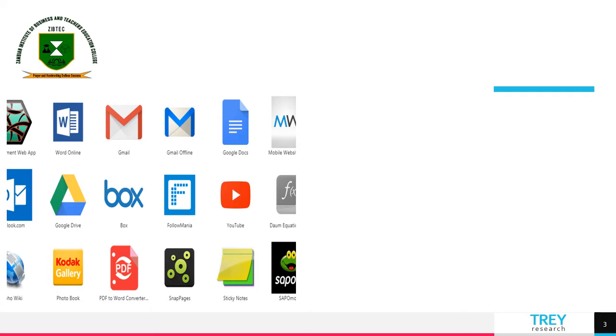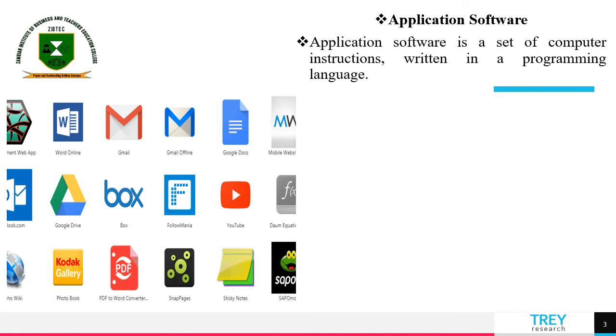Remember also that we did the introductory part to application software. Today we'll look into the details of what an application software is. Before we do that, let's start with the definition. An application software, by definition, is a software or a set of computer instructions written in a programming language.